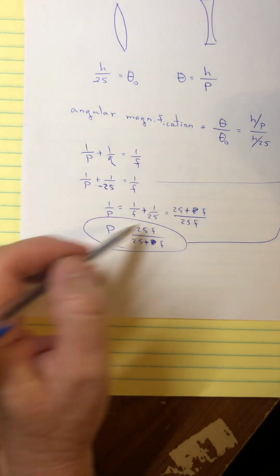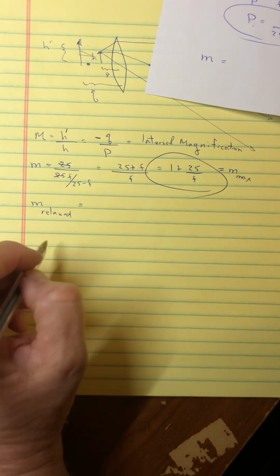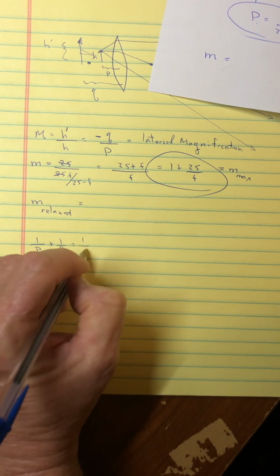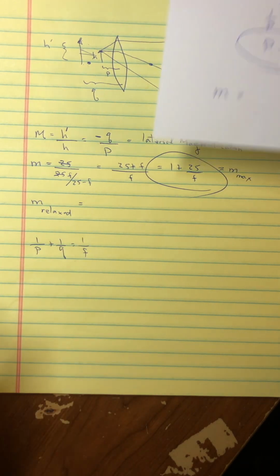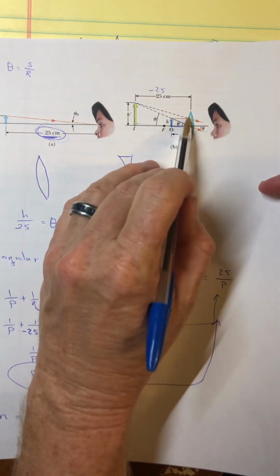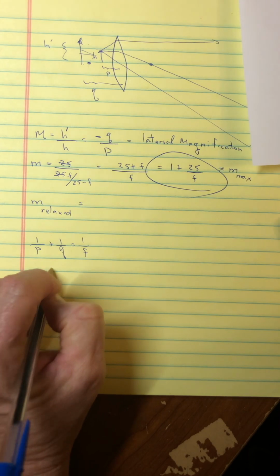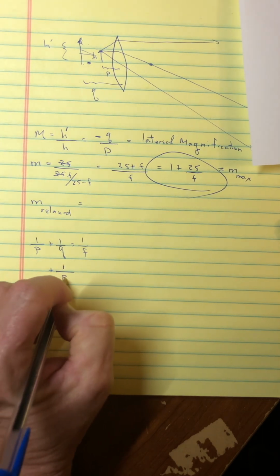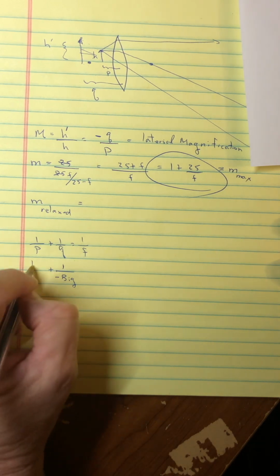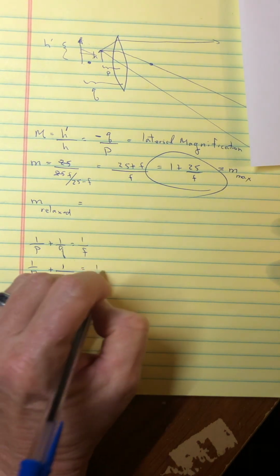So if we come back here and think about this math again, 1 over p plus 1 over q equals 1 over f. And we want the image from this lens to be really far away. This then would be 1 over big, and actually, I can even put negative big so I don't mess up my sign again.